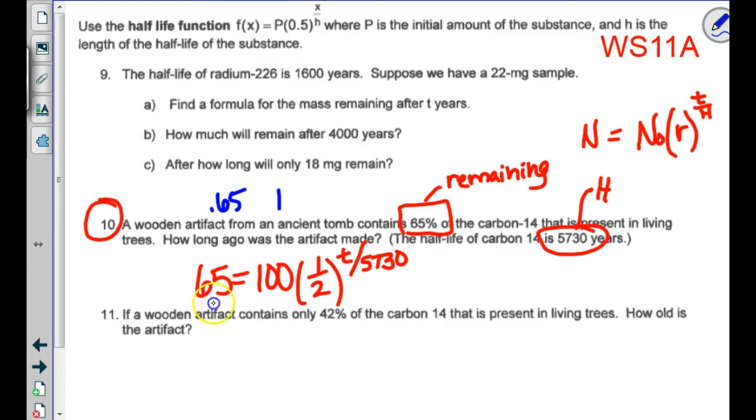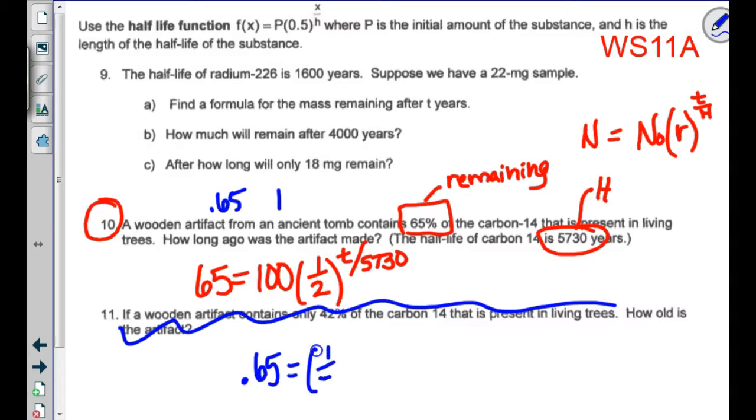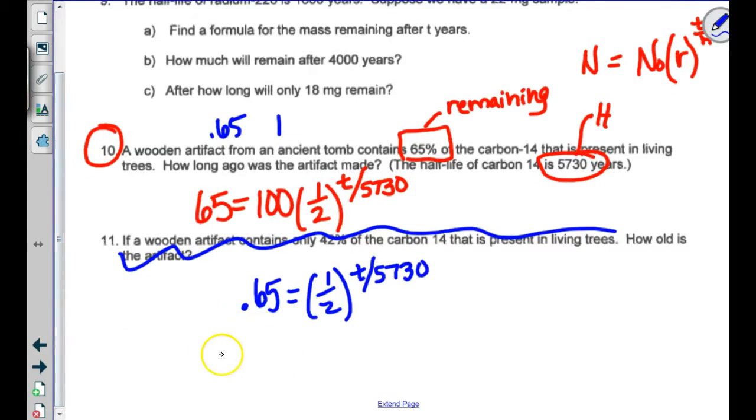It doesn't matter, but what's the first step anyway? Yeah, divide by 100, so I'm going to get 0.65. Okay, I'm not doing 11, by the way. And over here I have 1/2 to the T over 5730. Okay, what's the next step? Log both sides, and it doesn't matter what kind.